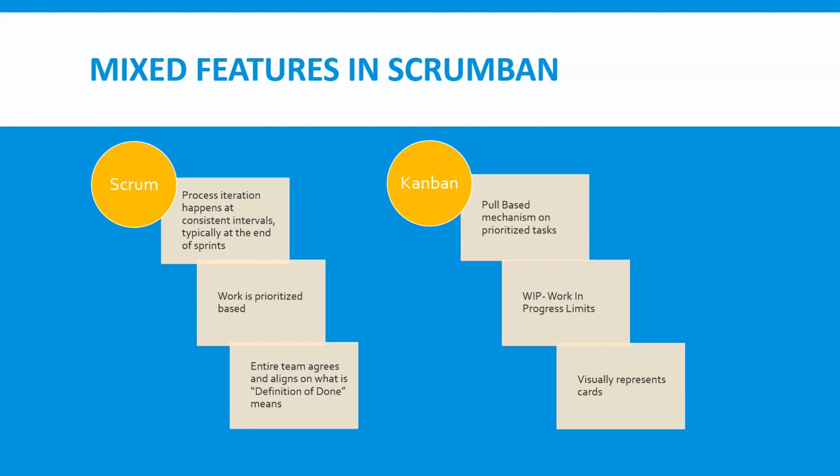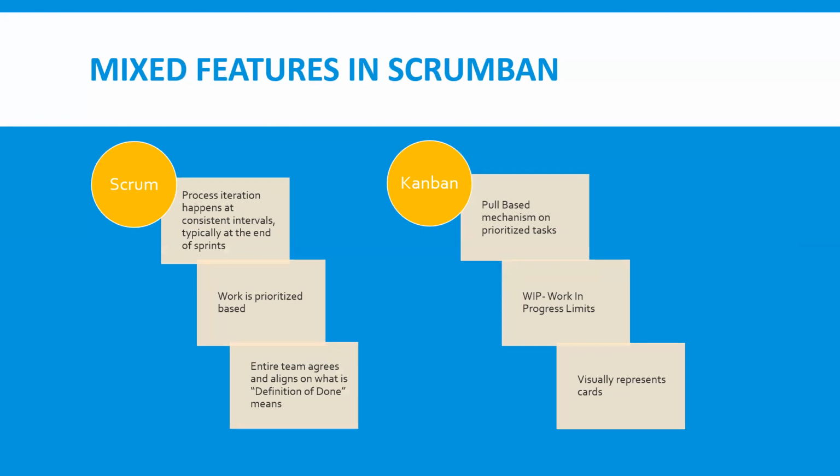In Kanban, there is a pull-based mechanism on prioritized tasks. Means, as I told earlier, whenever a developer needs a task, they can take it after the last task assigned to them is considered completed.